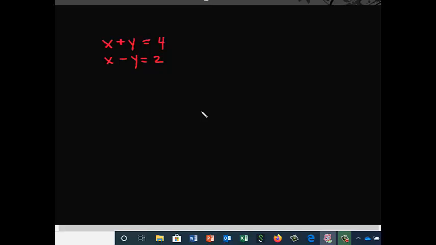There's the elimination method, which is considered the addition method as well. And then you have another technique for solving the system called the substitution method. There are other ways of solving this system by using the Gauss-Jordan elimination or the Gaussian elimination.